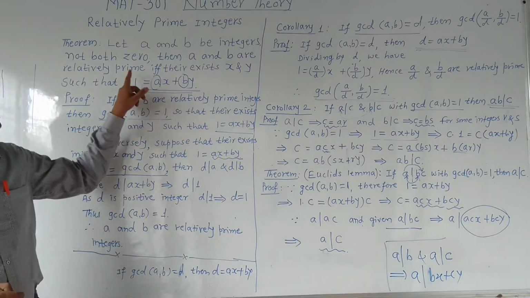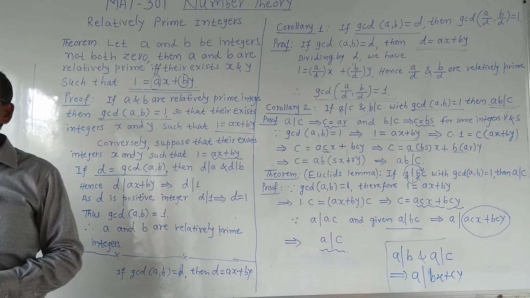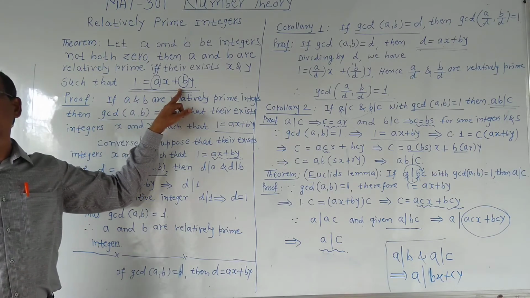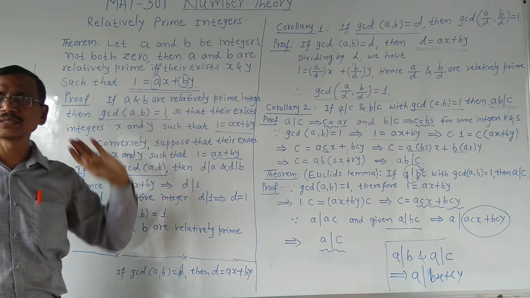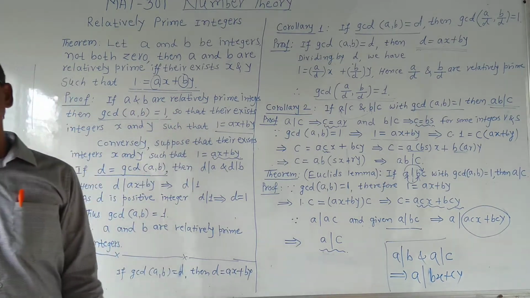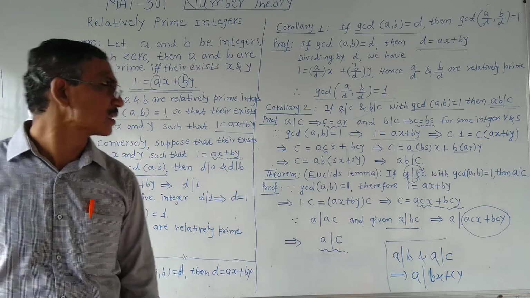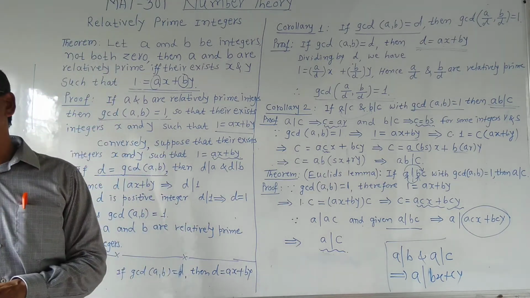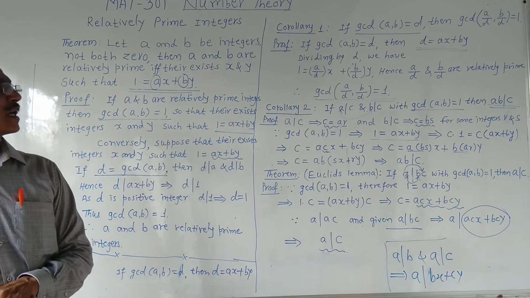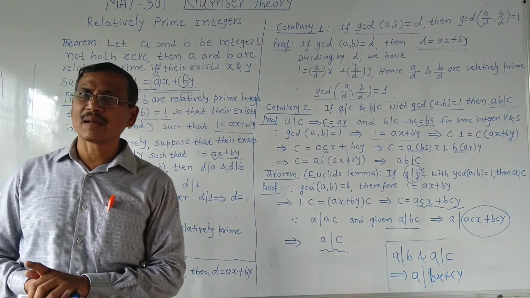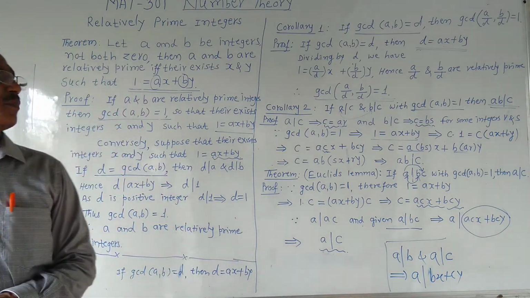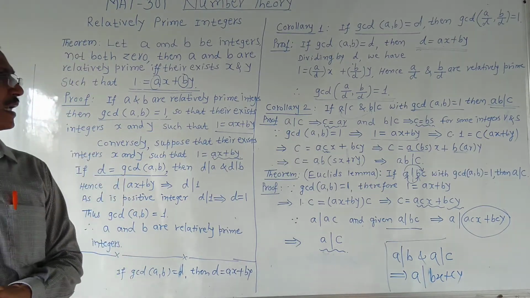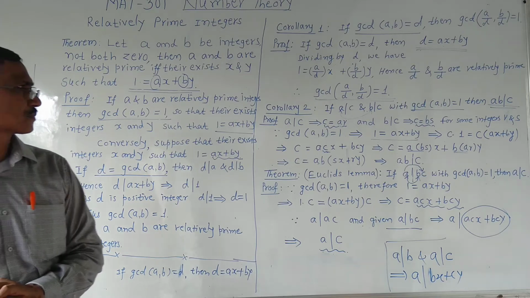The theorem is that if a and b are relatively prime integers, then 1 equals a x plus b y, or conversely, if we have 1 equals a x plus b y, then a and b are relatively prime integers. The first corollary is that if d is the greatest common divisor of a and b, then the greatest common divisor of a divided by d and b divided by d is also 1. That means these two integers are again relatively prime.